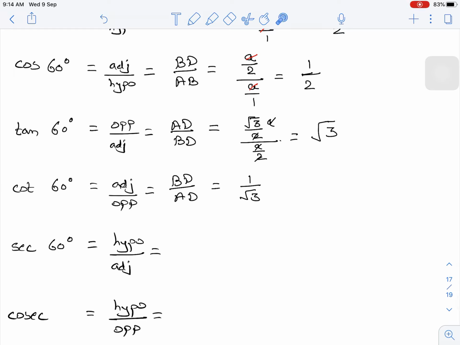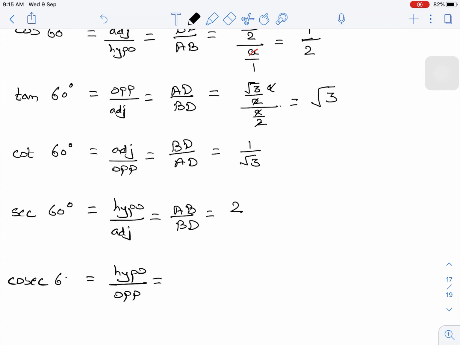Sec is nothing but the reciprocal of cos. Already we have learned the relation between them. So sec 60 equals, here it was adjacent upon hypotenuse, so here we have hypotenuse upon adjacent. So the value of sec 60 equals AB upon BD, that equals 2.